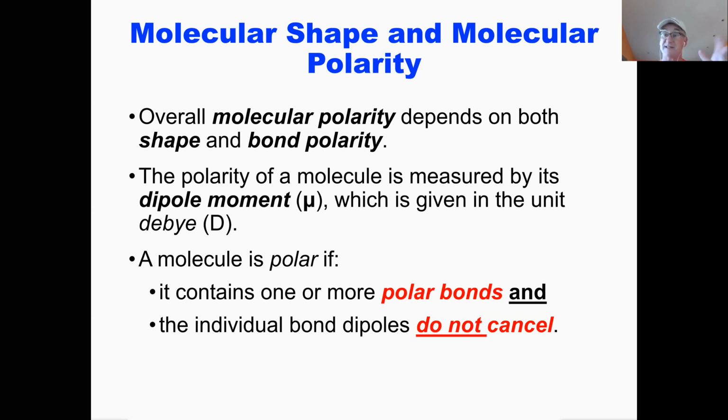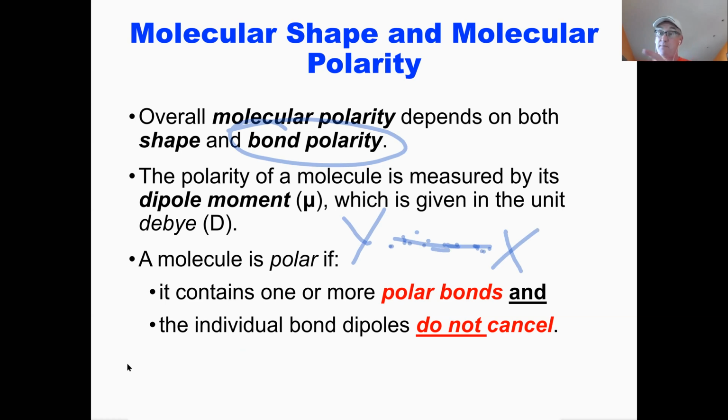Okay, so this is something we sort of dealt with already. Now that we know what the shapes are and we know what the polarities of bonds are, it means a difference in electronegativity. Basically, a bond is just the density of electrons.